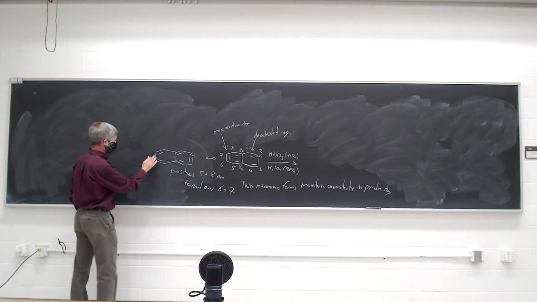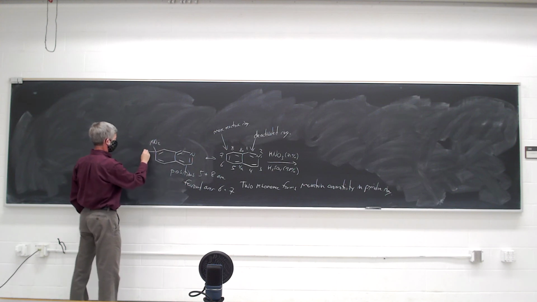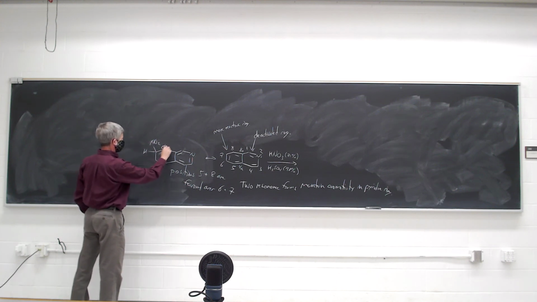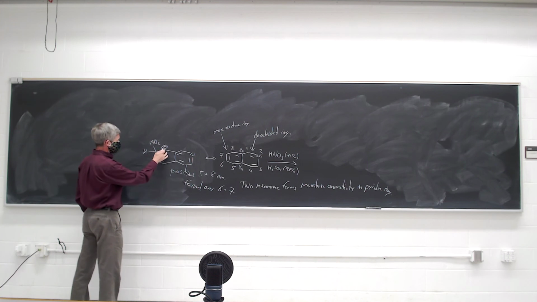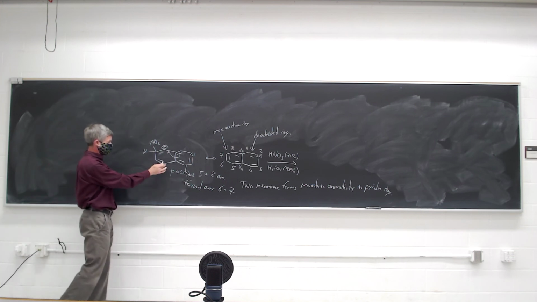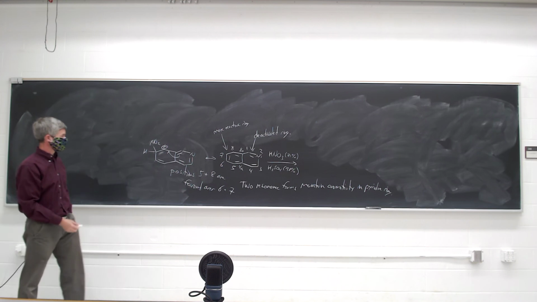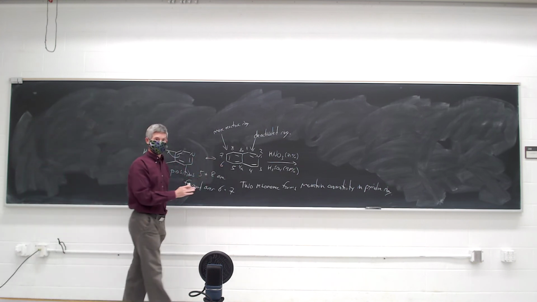And that makes it more obvious that when you attack here, if you put a nitro group here, you're going to put the positive charge there. The next resonance structure is going to move that over and force you to break that ring. And the same would be true for attack here. You'd put the positive charge there, and then the very next resonance structure would have to break the aromaticity in the next ring. So we're choosing between 5 and 8.